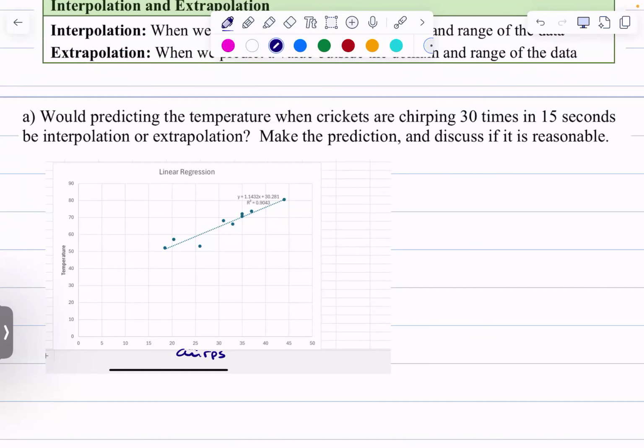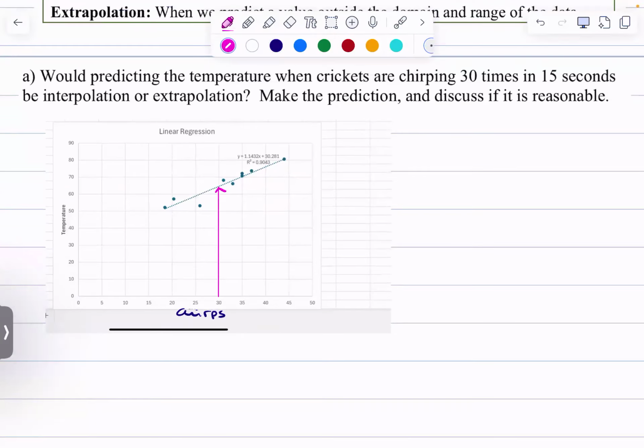So what do we want to do? We're asked to predict the temperature. Our line of best fit is our prediction for the temperature when x is 30. So from here, x is 30. I go up here and I get my predicted temperature. I see that x is 30 is within that reliable range, and so it's an interpolation.